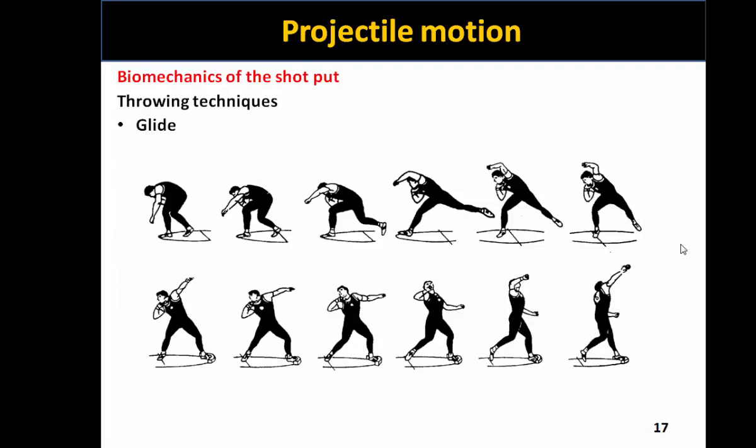So in these next two slides, we'll review two very common and popular techniques used in the shot put performance. The first is called the glide technique. And in the glide technique, here we see the athlete assuming a relatively crouched position as they prepare to move to the front end of the thrower circle.